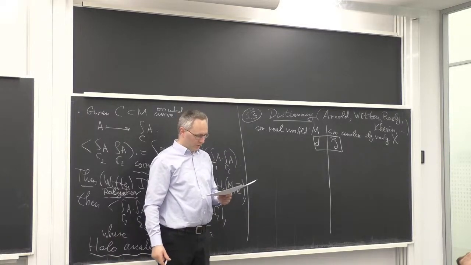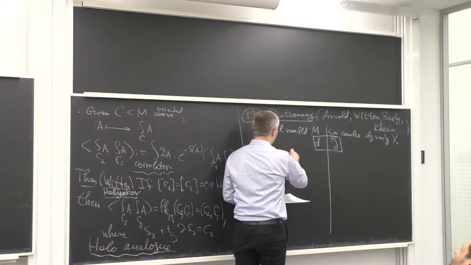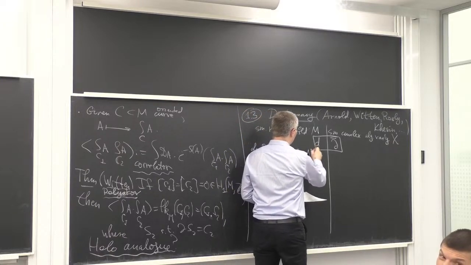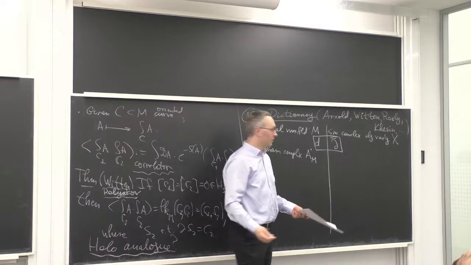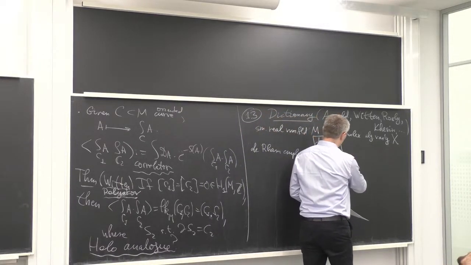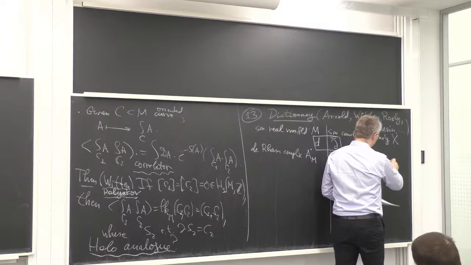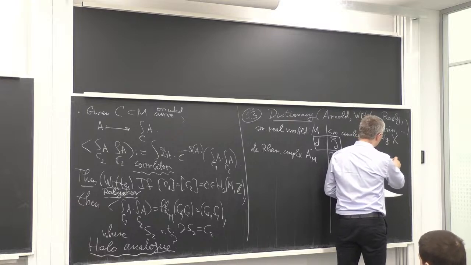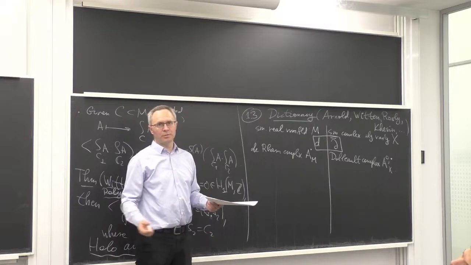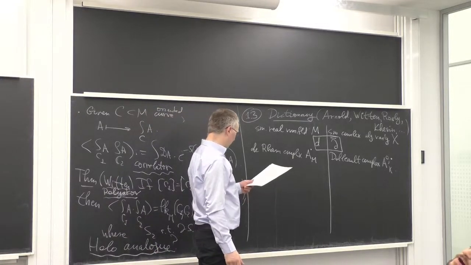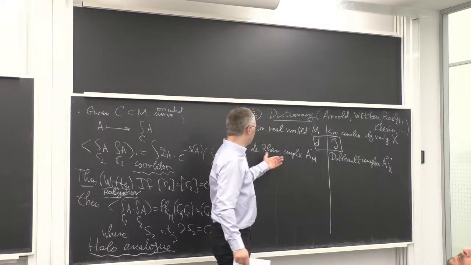So for example, the de Rham complex, d is above the de Rham complex, denoted by A dot M, should correspond to the Dolbeault complex, which has only d-bar, does not have d. Then we consider cohomology of this complex.